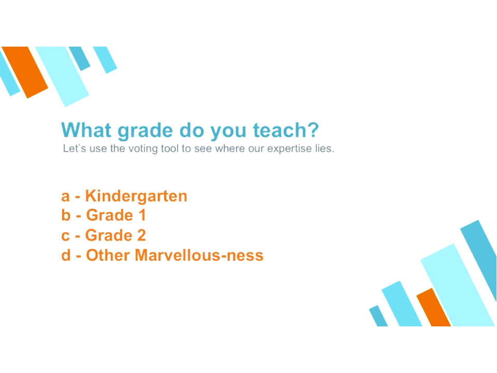We did want to do a quick little vote, just like you did a minute ago, just so we can see that division. You have a couple options there for voting. A is for kindergarten, B if you're teaching grade 1, C if you're teaching grade 2, and D if it's any other marvelousness, whether it's one of those fancy combinations or something like that.